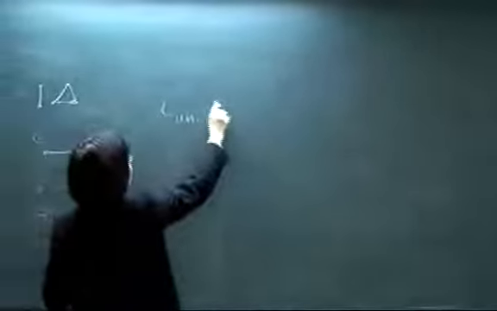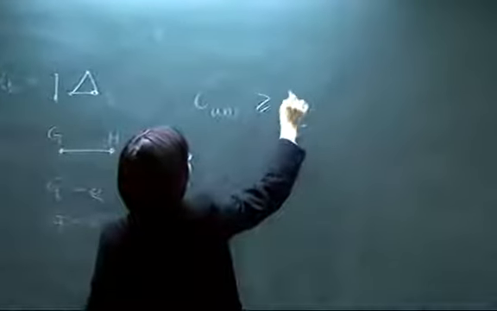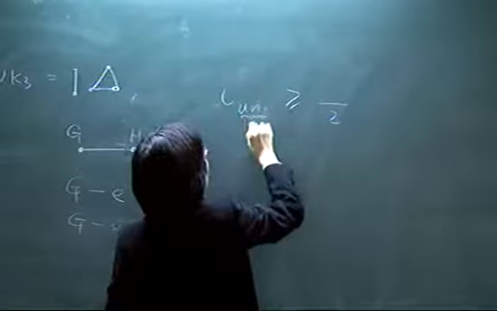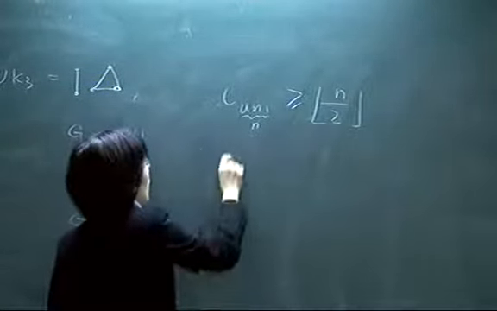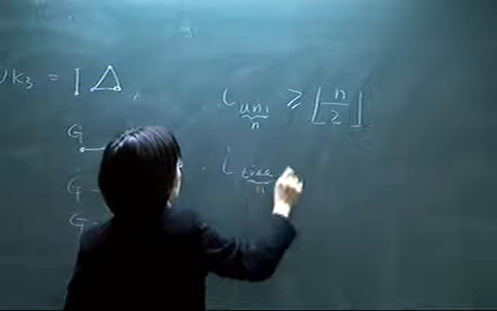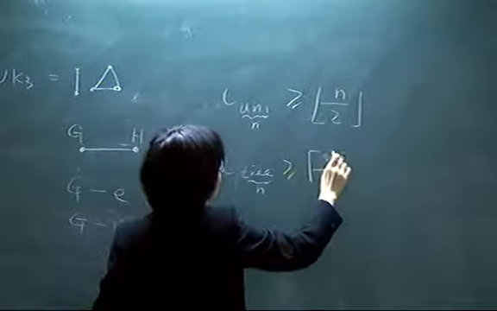So if we have a unicyclic graph, it should be half of its order, its cardinality, which they say if it has order n, then it should be like that. And if you have a tree component of order n, then it should be at least like this.